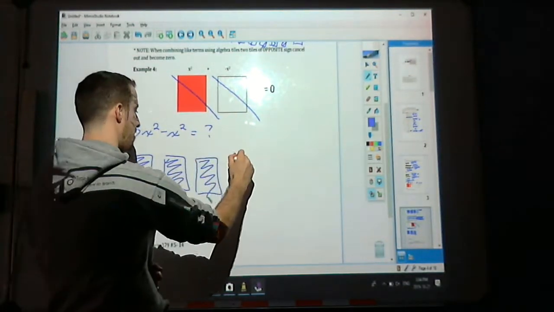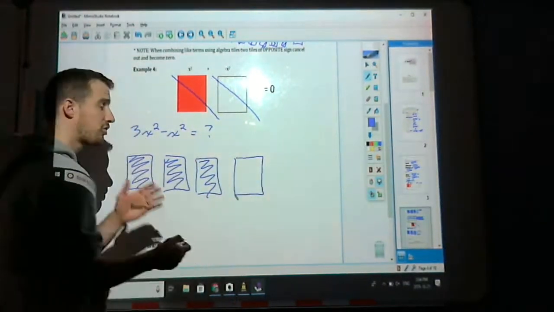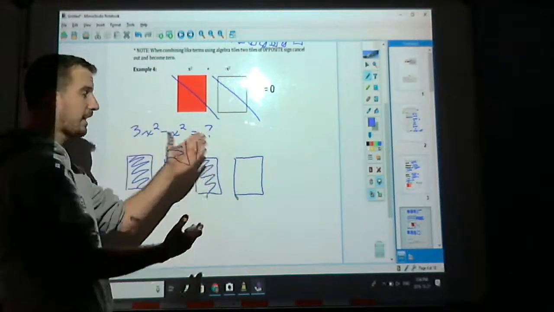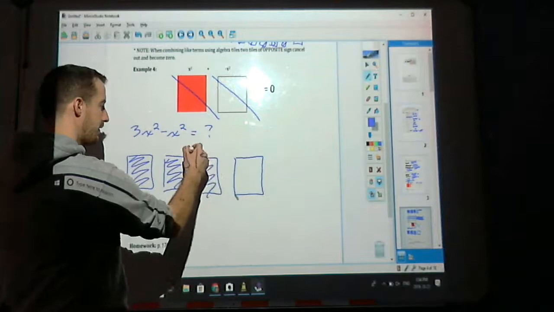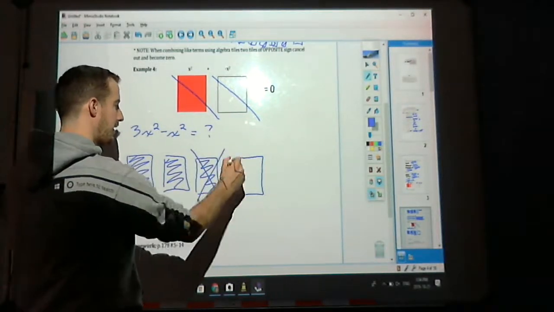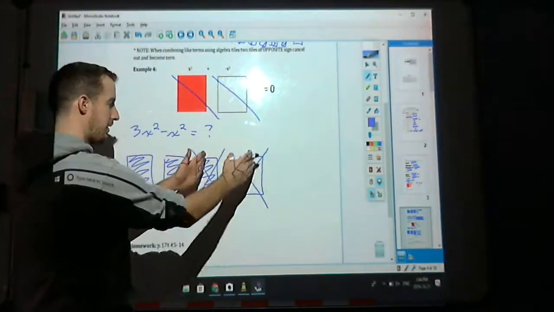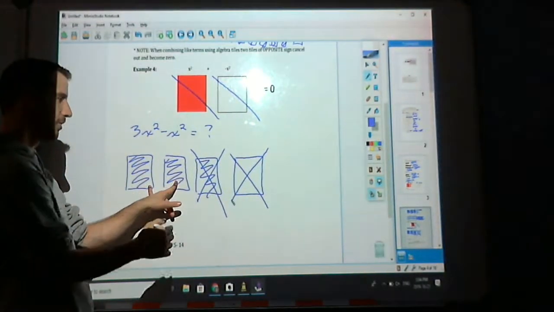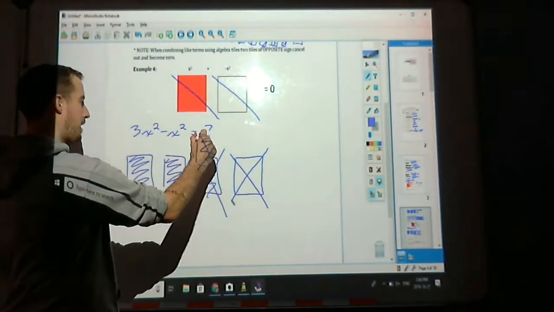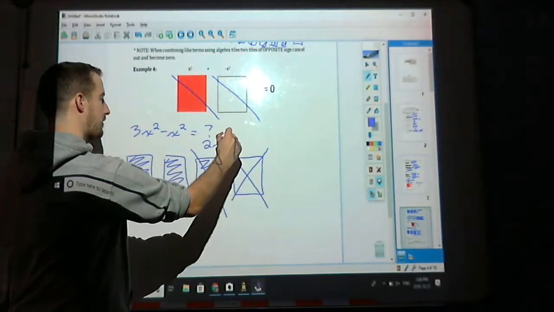And then we have minus x squared, so we just draw our minus x squared. So we have 3 positives, 1 negative. The positives and the negatives in the same numbers cancel out, and all I'm left with is 2 positives. So then my answer would be 2x squared.